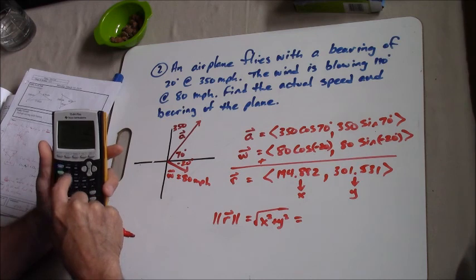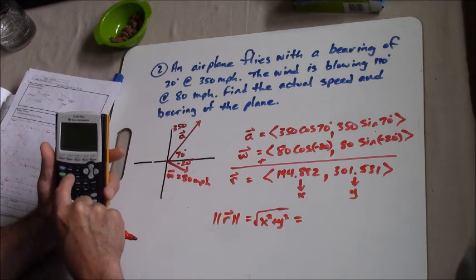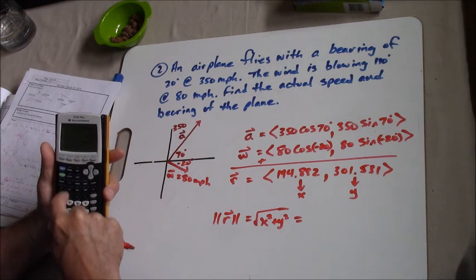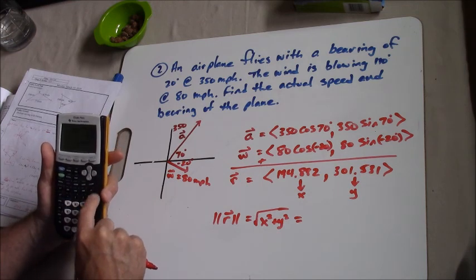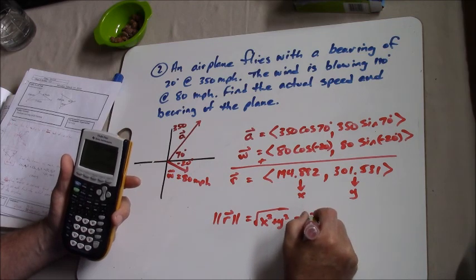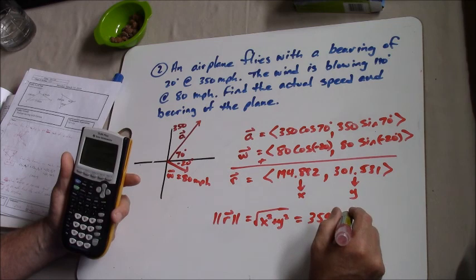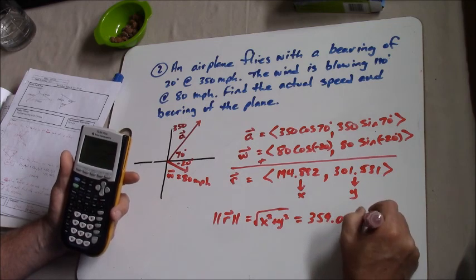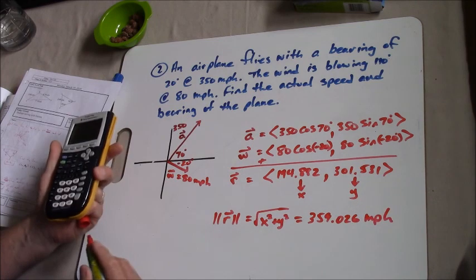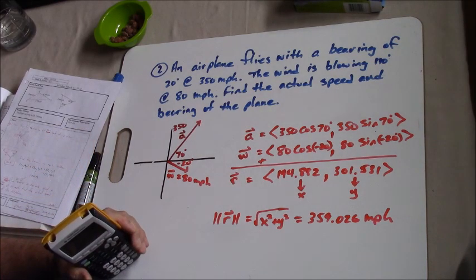So, second, square root, I've got x squared plus alpha y squared. And so what I got is 359.026 miles per hour. And you might look at that and go, wait a second, how can the plane go faster?